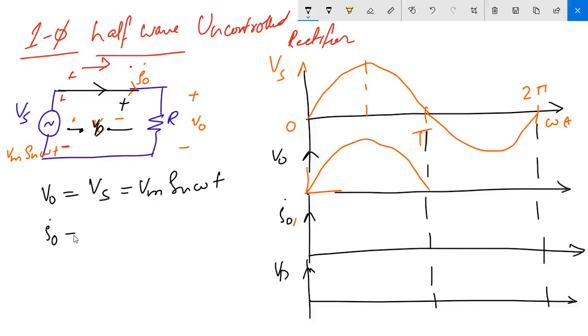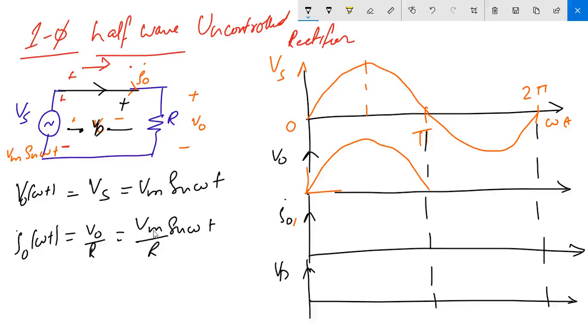I naught is nothing but V naught by R, so you can write it as Vm sin omega t divided by R. Whenever I write omega t, that is your instantaneous value. So you must know V naught of omega t is this, and I naught of omega t is this.